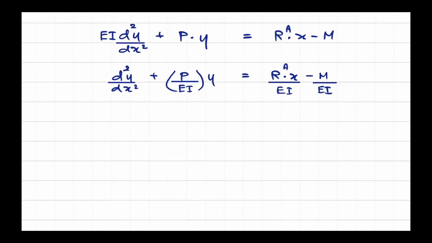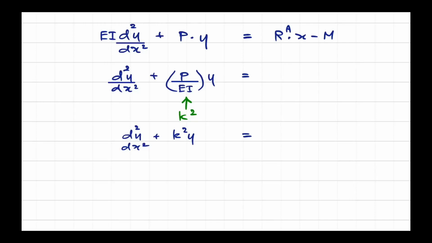And this term, we call it the K square. So K is the square root of P over EI. Well, then, if you call this K square, then second derivative plus K square Y equals to this thing on the right hand side.